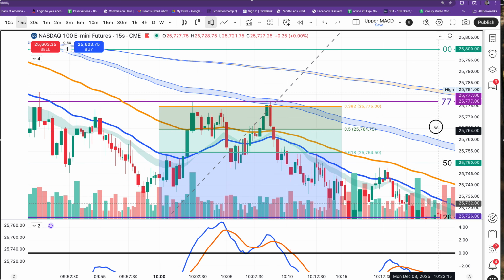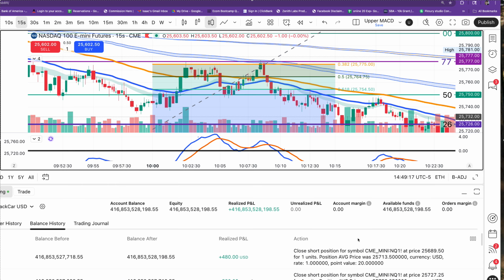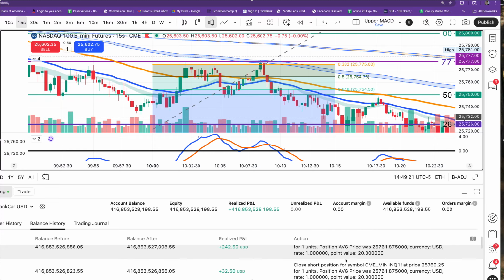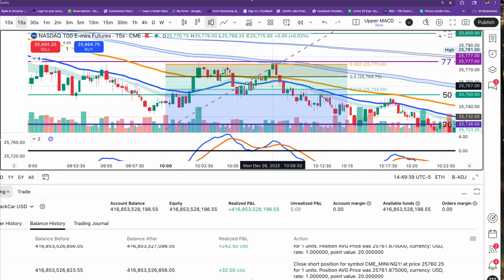Okay, so I took a very fast, let's see, 61.87 is where I got in, and for some reason, I only got 1.5 on the first half of my position, the first lot.